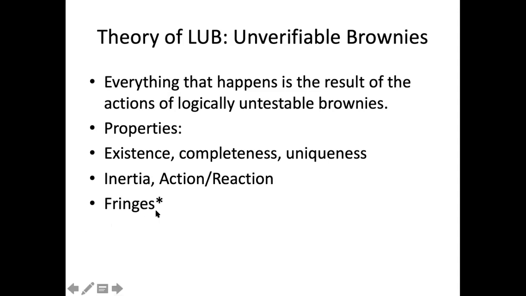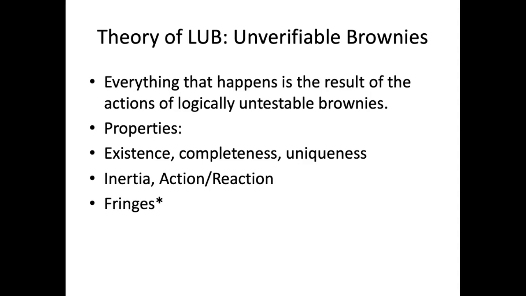And they have properties. The first property is that they exist. The second property is they're complete, which means that everything that happens is a result of the actions of logically unverifiable brownies. They're also unique. No two brownies are exactly the same. They have inertia, which says that anything that a brownie does, it keeps doing unless it's acted on by another brownie.